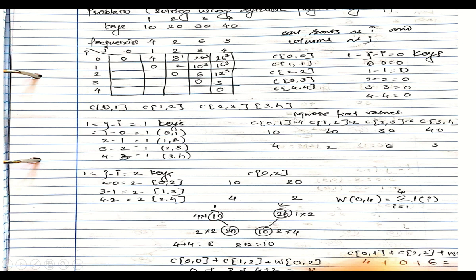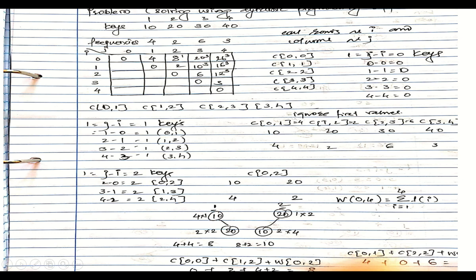Now what is the next part? Next part is I need to find out their cost. How can I find out their cost? I can find out their cost by using some formula. Correct? So check out. The first values which I found out are 0 0 0, 1 1 0, 2 2 0, 3 3 0, 4 4 0.